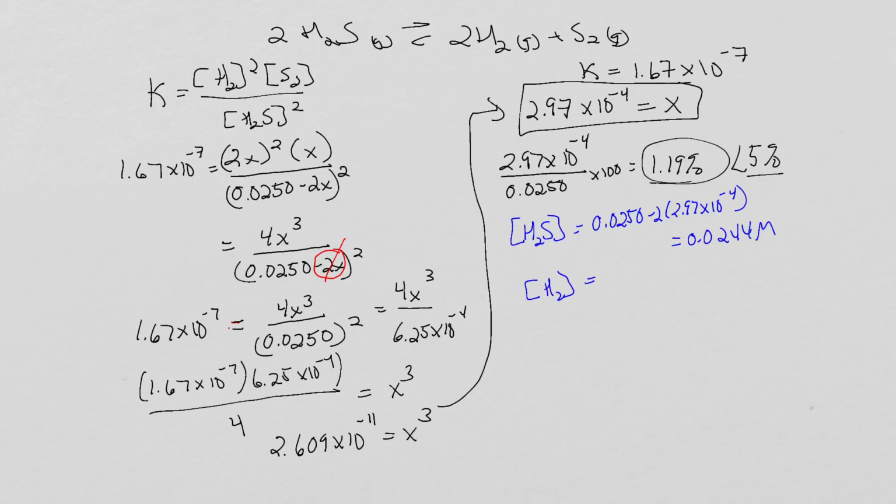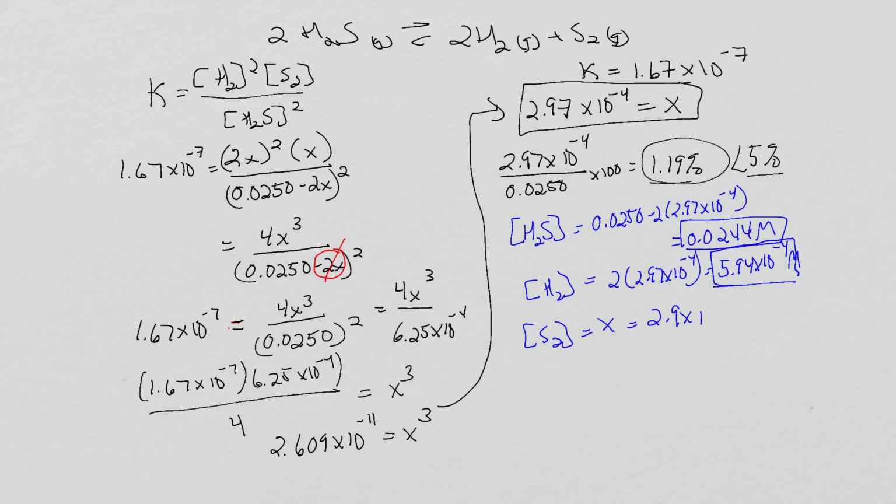So H2 was simply 2 times x. So 2 times 2.97 times 10 to the minus 4, which equals 5.94 times 10 to the minus 4 molar. S2 is just simply equal to x, and so of course that's going to be 2.97 times 10 to the minus 4 molar.